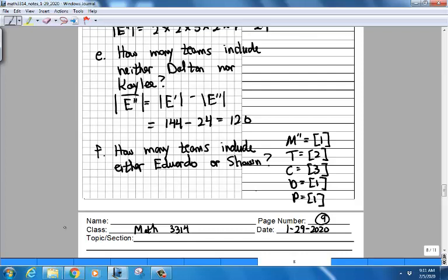So it looks like teams that include Eduardo or Sean, we're going to go up to triple prime here. Looks like those should be M double prime cross T cross C. That should be D prime. What now? Oh, D prime?